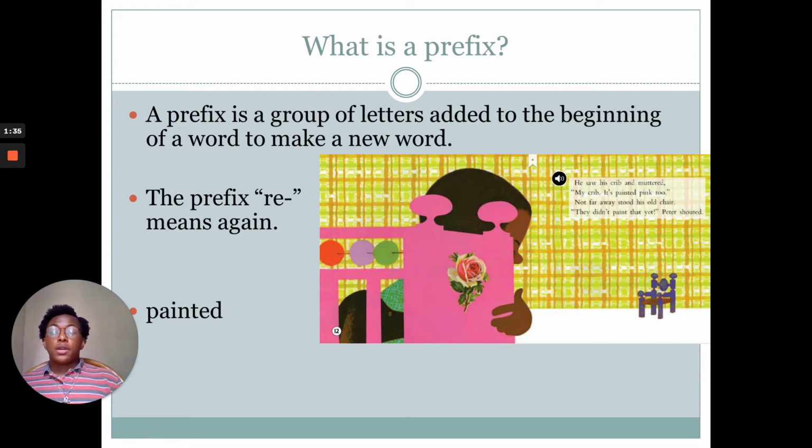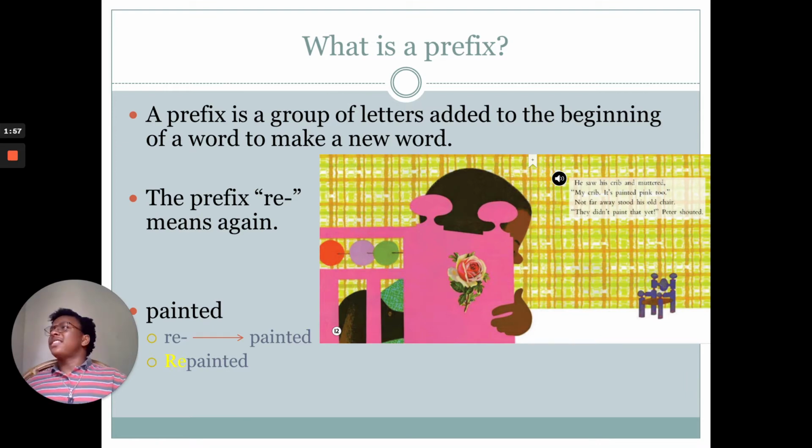Now we have the word painted and then we add re in front of painted and what do we get? Repainted. So now instead of just saying it's painted pink, Peter could say it's repainted.